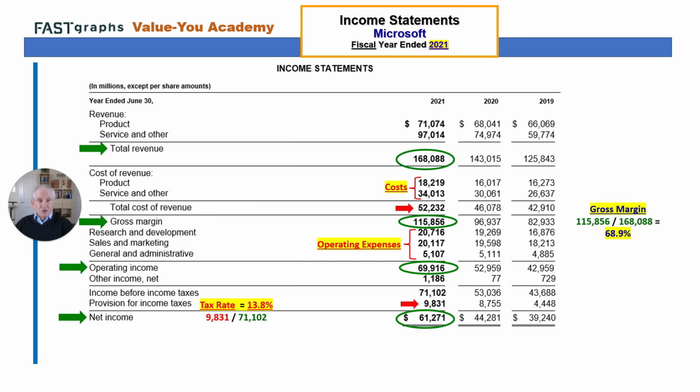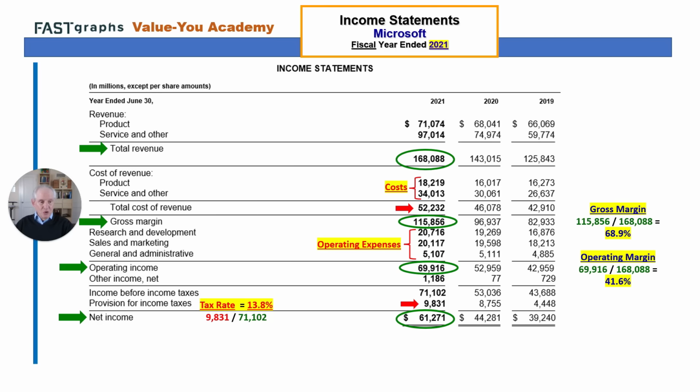Our gross margin for Microsoft, if you look at their sales and their gross profit or margin, was almost 69%. For every dollar they sold, they've got 69 cents left after cost. That's an excellent gross margin. So we watch this from year to year and always want to maintain or improve our gross margin.